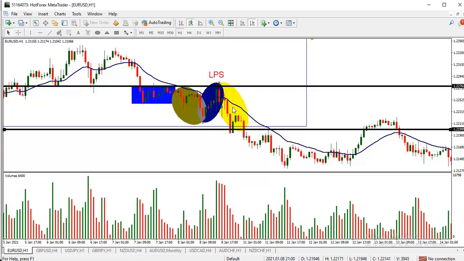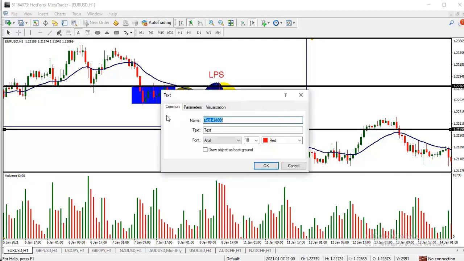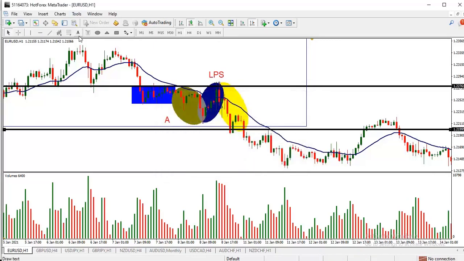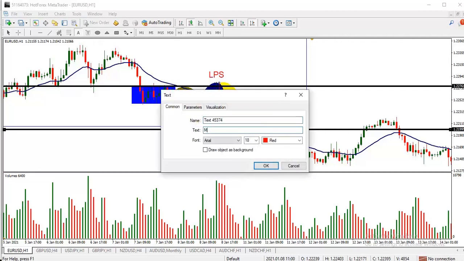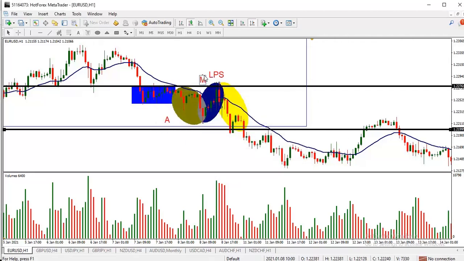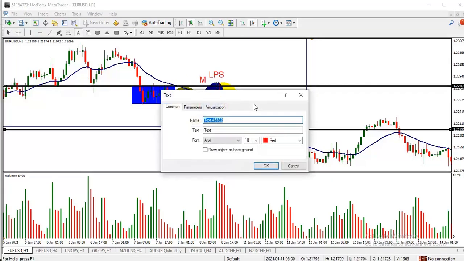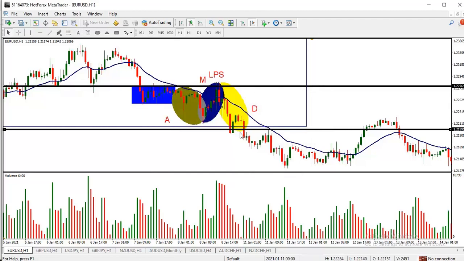Don't forget our A stands for accumulation, the manipulation, and the distribution. The distribution is them taking price to their final level, the target where they showed us they are going to when they show their hand.